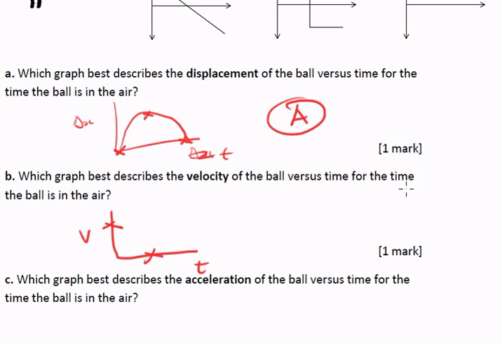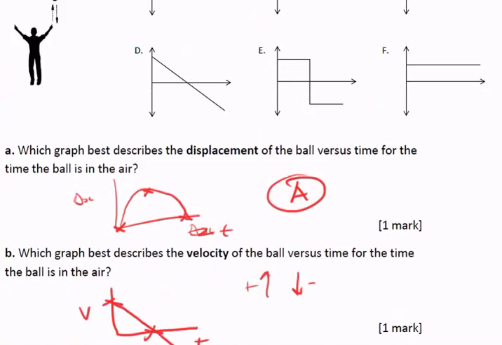And then as it comes down again, its velocity increases, but it's going in the negative direction. So up is positive, and down is negative. So the velocity ends up being negative on the way down. So this velocity graph looks like this, which is, according to these graphs, graph D.